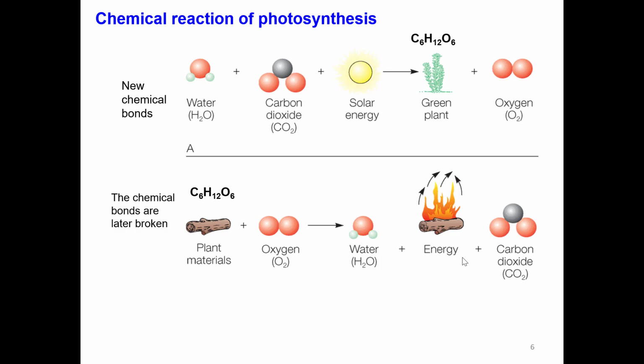Let's write the equation of this reaction. Now we are going to balance the equation of the photosynthesis reaction. It means we want to get the same number of atoms on each side of the equation. Then let's first write the equation.